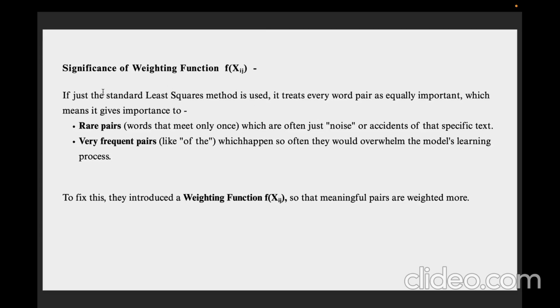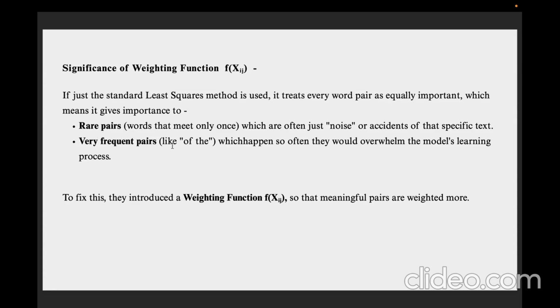This function helps us to give importance to the important word pairs only. It gives less importance to lesser pairs, which can be rare pairs as well as very frequent pairs. Rare pairs are usually words that only meet once, which can be noise caused because of a spelling error maybe, or any other grammatical mistake, which is why they should not be weighted much for the model training.